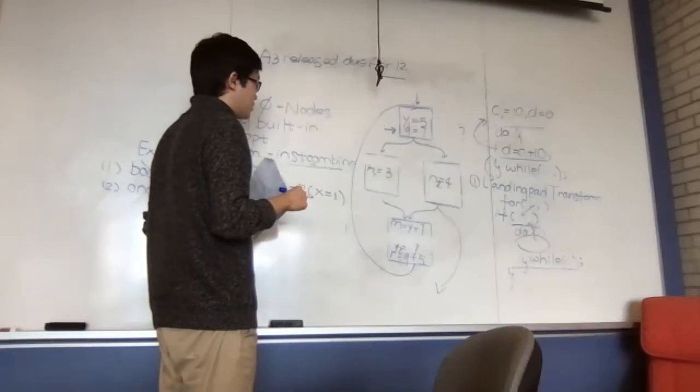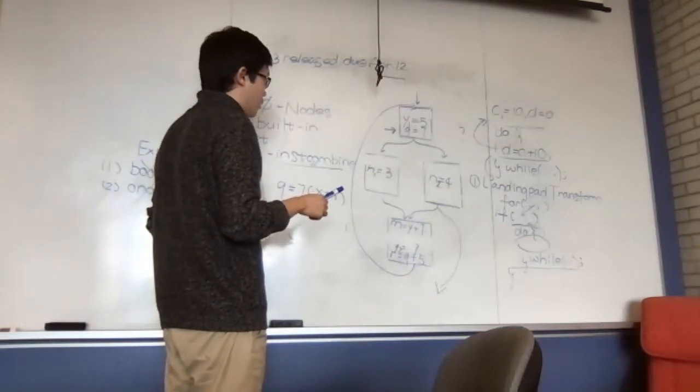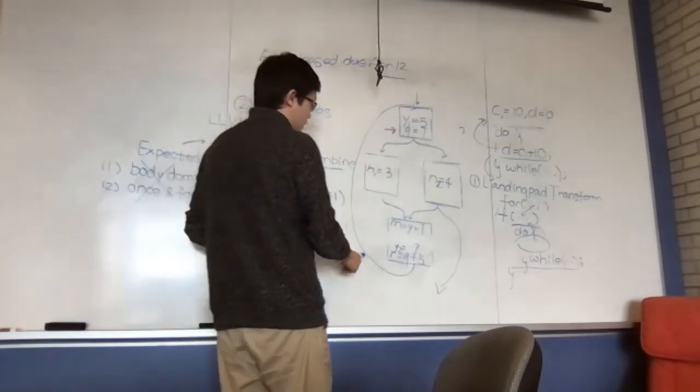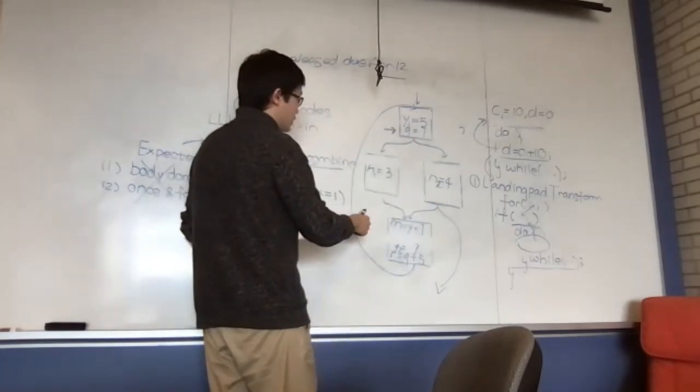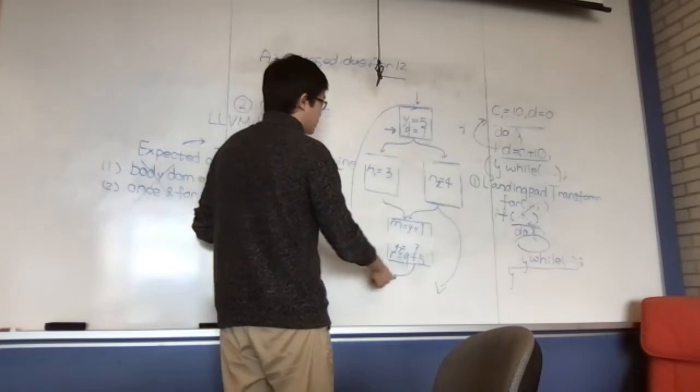And in assignment 3, you will see how LLVM optimizes the code that we have here by removing all the loop invariant instructions.